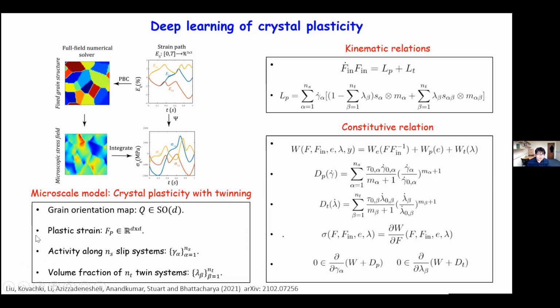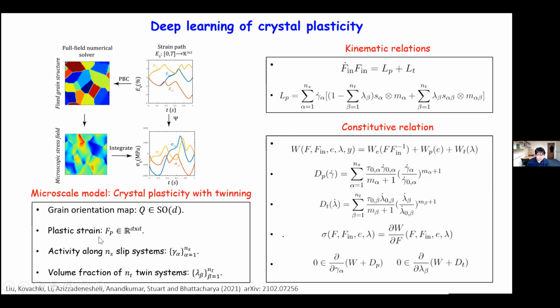One is the grain orientation. In this unit cell problem, we have a bunch of grains, each of them with different orientations. And associated with it, we have the plastic strain of each point in the cell, F^p.